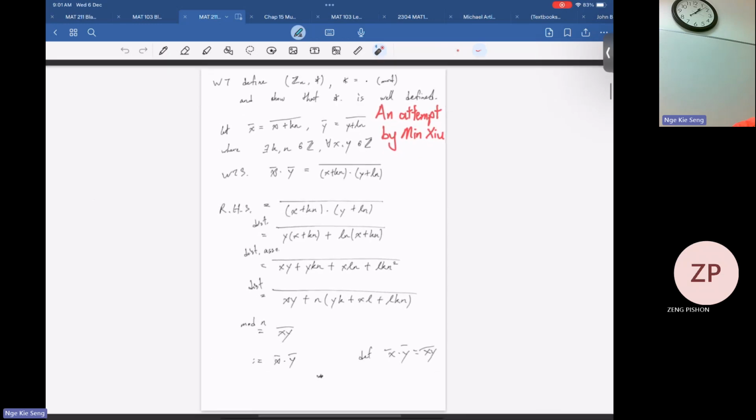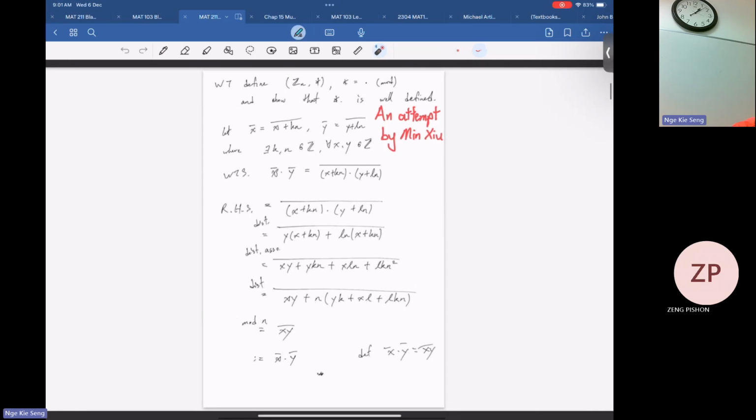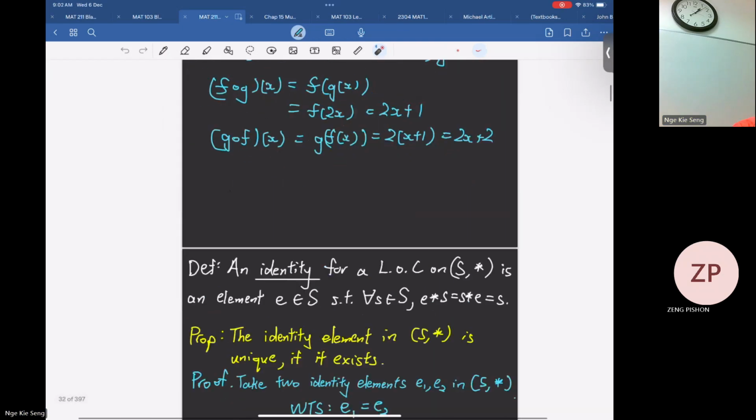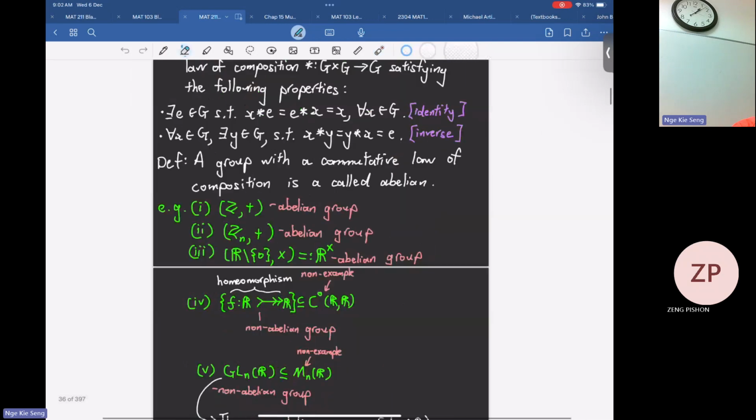I hope you do it yourself also. If not, at least read about it. So you also can define a multiplication on Z mod PZ. But when does the non-zero element have an inverse? We also talked about this before.